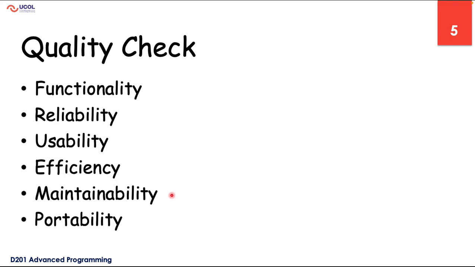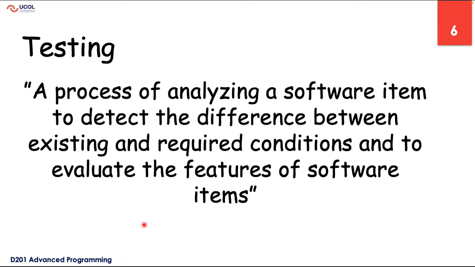Maintainability: we can also check that if in the future we need to change or modify this software, it is easy to change and modify. So that's a maintainability test. And portability means that we are porting the software from one platform to another. Is it portable? So all these are the quality checks that normally we perform.